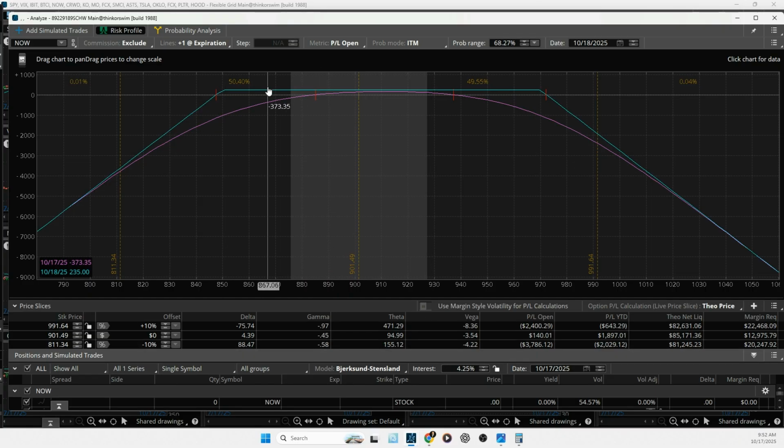Now, reading this graph, reading a risk profile, a risk graph, it's a bit of an art form, just like the charts. However, it's worth doing. It's so worth doing. The charts, the risk profile, the option chain, the fundamentals. These are all different facets of the same diamond.